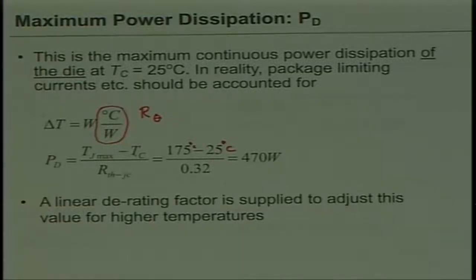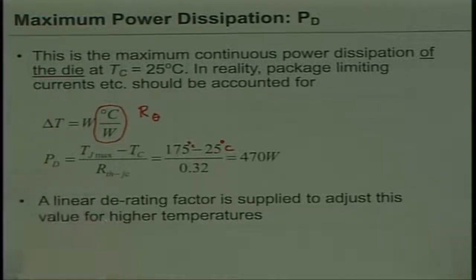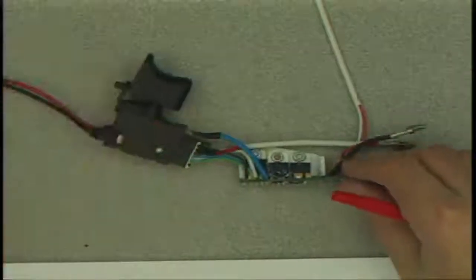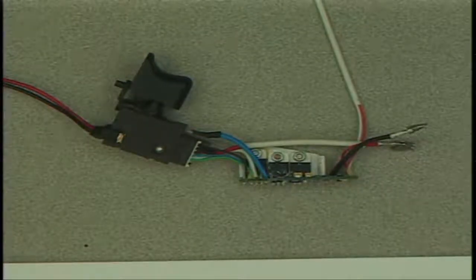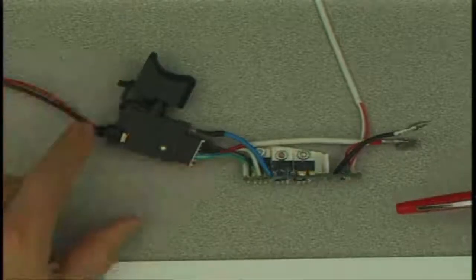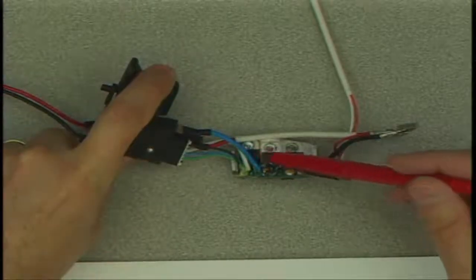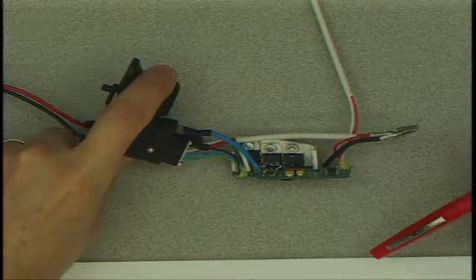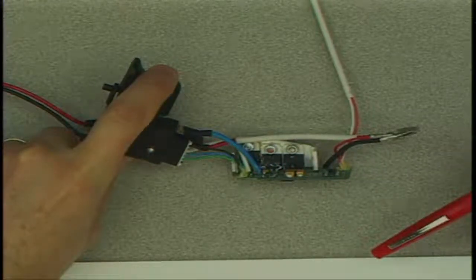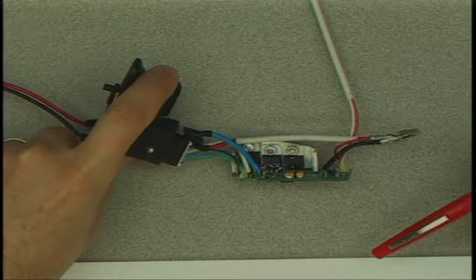Let me just show you a real quick example while we're talking about this. So I'll move this out of the way. This is a power tool motor drive. What you can see here is the trigger switch, a couple of the FETs, a chopper and a diode. This is for driving a brush motor, right? So it's just a one-quadrant switch.